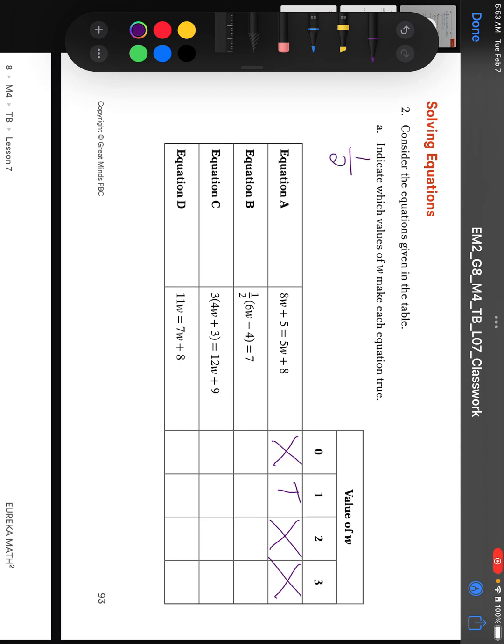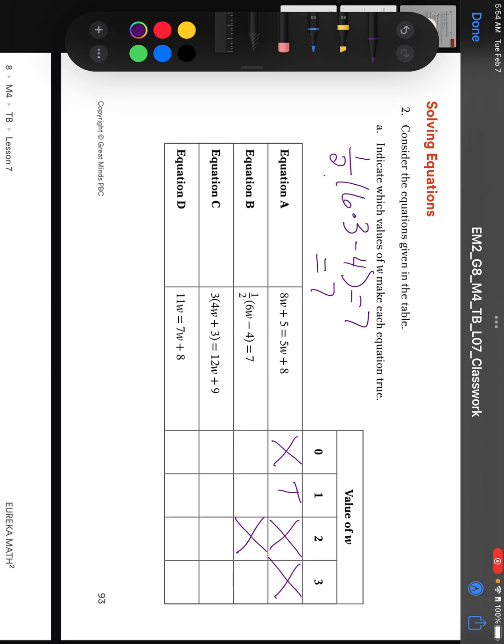So 1/2 times 6 times 2 minus 4, I think it's 3, equals 7. 6 times 2 is 12. 12 minus 4 is 8, and half of 8 does not equal 7. So it's not that. Maybe I guess it's 3. Let me try with 3. So now I know that equation B is not true for 2.